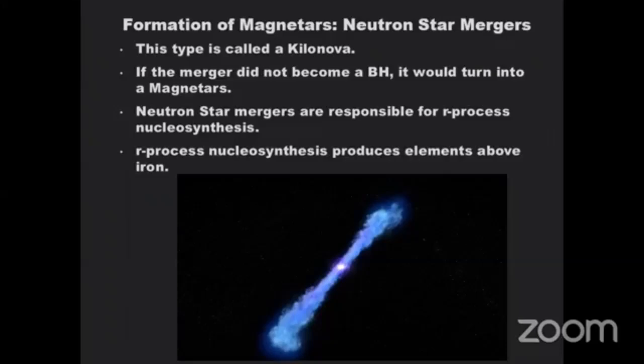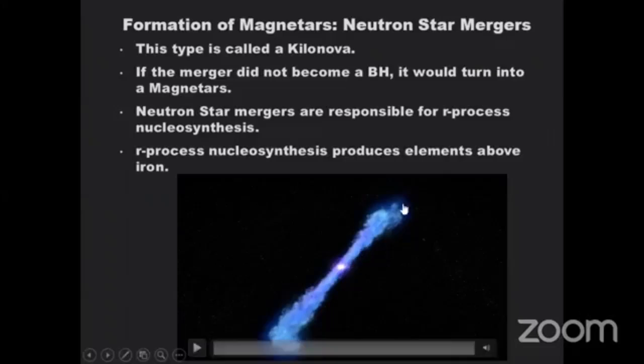Now if two neutron stars combine together, that should give us around 2.8, which is above the TOV limit, the maximum limit of a neutron star. But if you observe, some of the materials are lost.